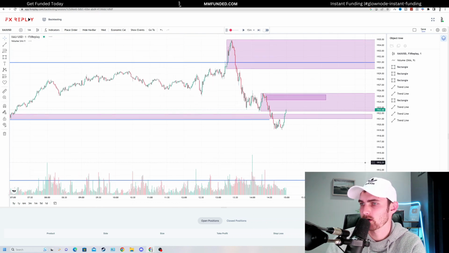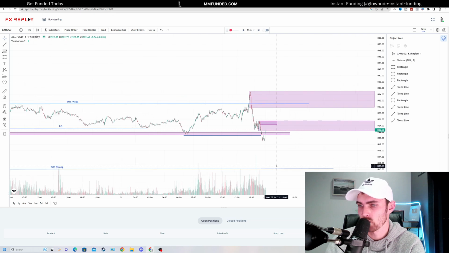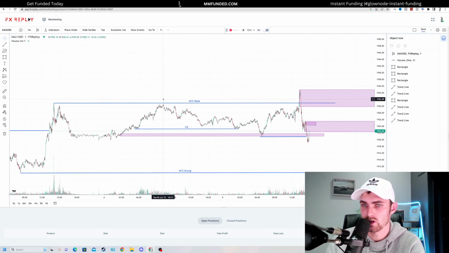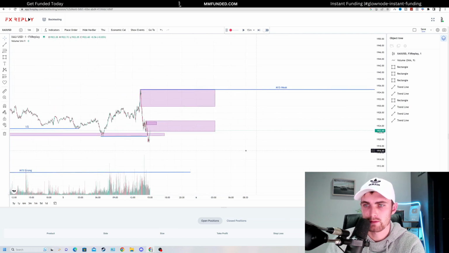In this interim, because expectational order flow is to ride some shorts to more discounted areas of this M15 swing strong before we continue to target these new M15 swing highs.